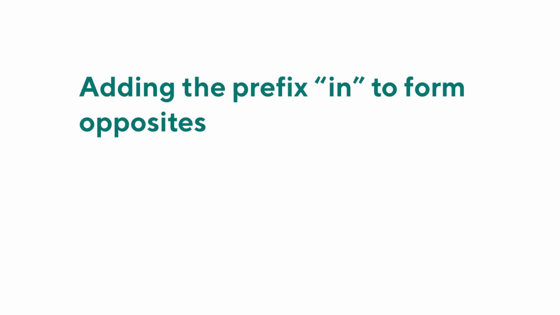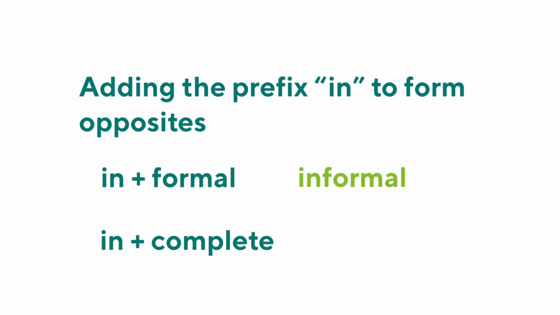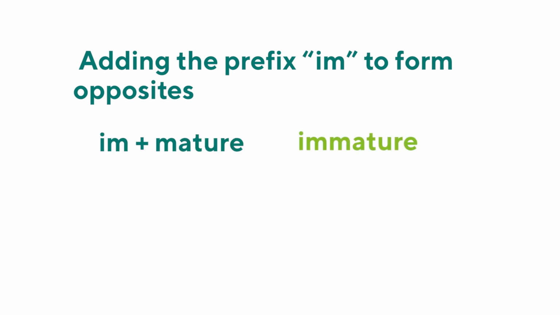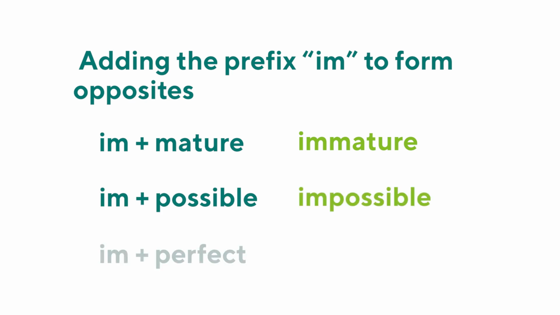Some words use the prefix in. Examples: formal becomes informal, complete becomes incomplete. One of the other prefixes that we can use is im. These are the examples: mature, immature, possible, impossible, perfect, imperfect.